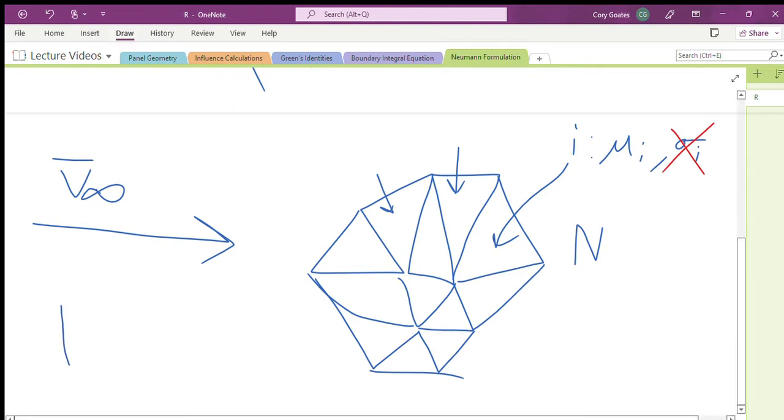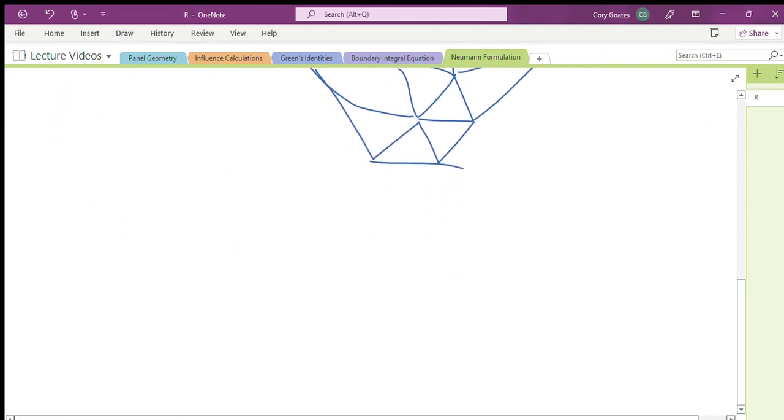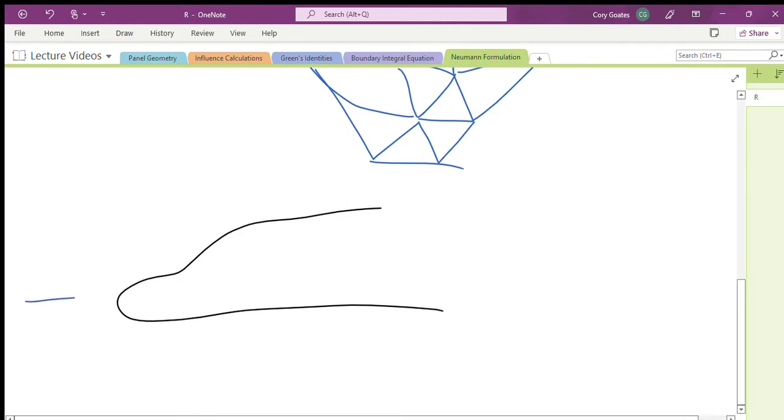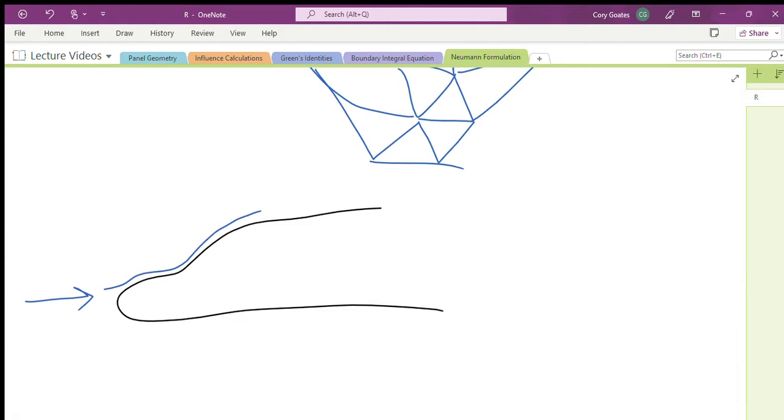Now if we think about the physics of what's happening here in the flow, if I've got an aircraft flying around, and let's say this is the nose, that's kind of my cockpit there, going back. As the free stream comes and hits this, I want it to go up and around.